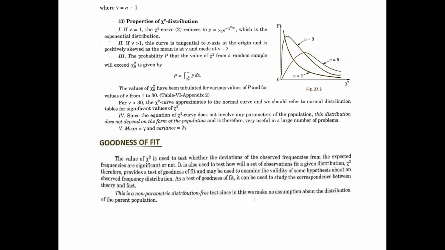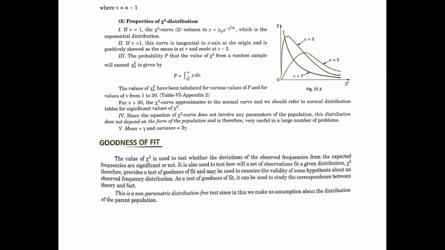It is also used to test how well a set of observations fits a given distribution. Therefore chi-square provides us a test of goodness of fit and may be used to examine the validity of some hypothesis about an observed frequency distribution.